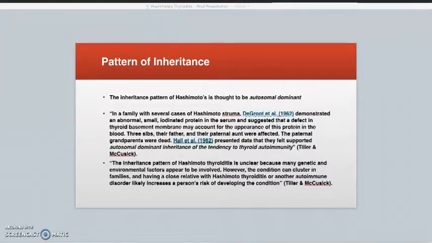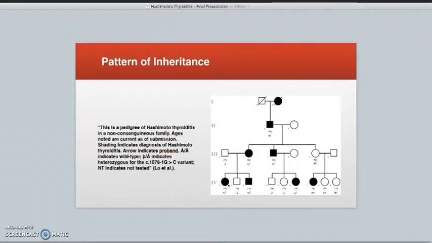So their data supported the fact that autosomal dominant inheritance is the tendency for thyroid autoimmunity. But again, it's not a perfect science. It's still being studied. Here you can see a pedigree for Hashimoto thyroiditis. Obviously, it follows down through generations, and it definitely seems to be more specific to females than males. But again, there's still no data that I found for a specific answer as to how it's inherited.